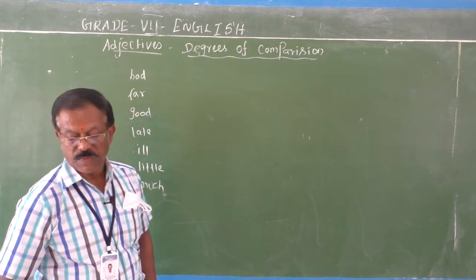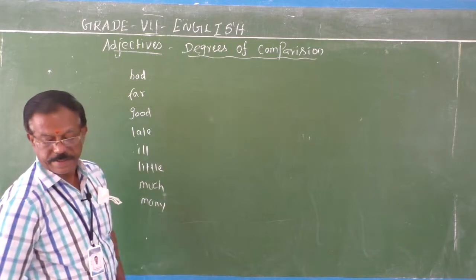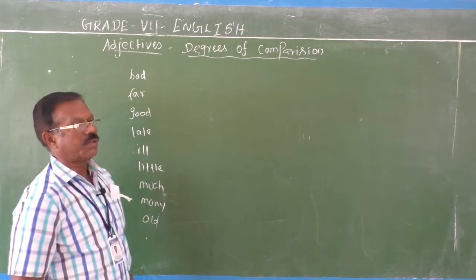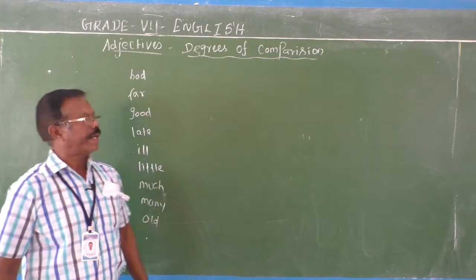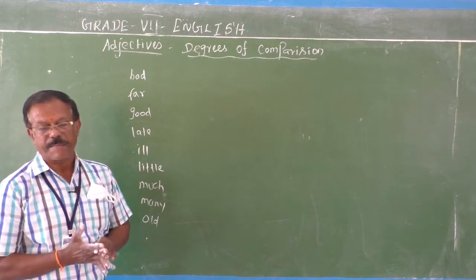They are the base forms of adjectives. Okay, fine. See, they have totally different forms in the comparative and also different forms in the superlative. Therefore, they are called irregular comparisons.